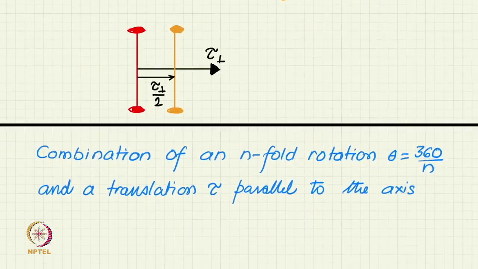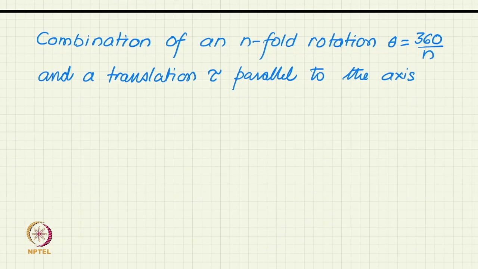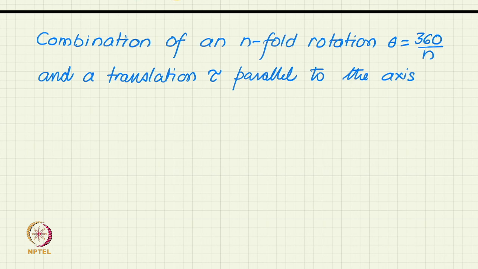Now, let us try to see what a combination of n-fold rotation and a translation parallel to the axis will give us. So, let us try to represent it in a sites notation.